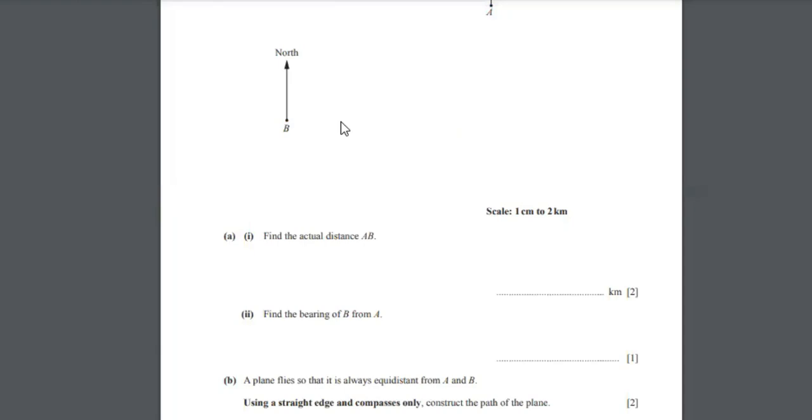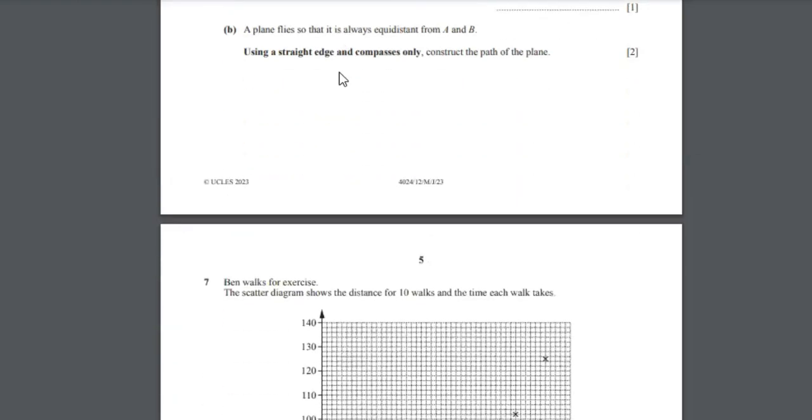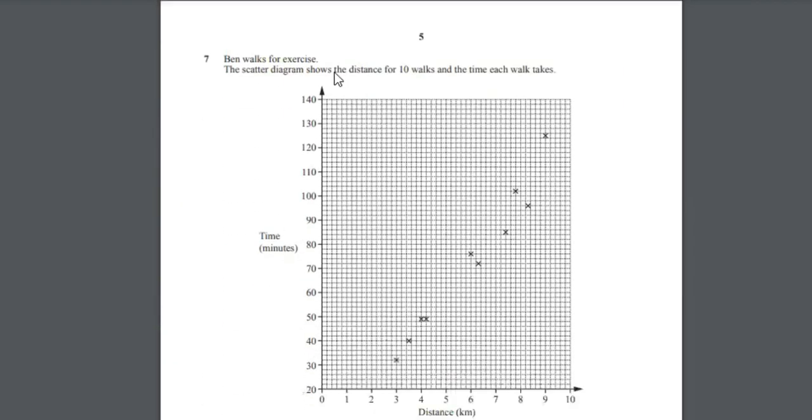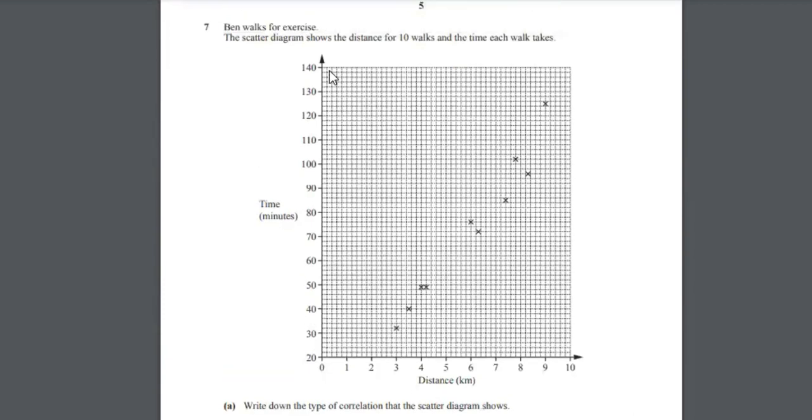Next question. Ben walks for exercise, and the scatter diagram shows the distance of 10 walks and the time each walk takes. Okay. Distances of 10 walks. These are 10 points, a set of data having 10 distances. Okay.